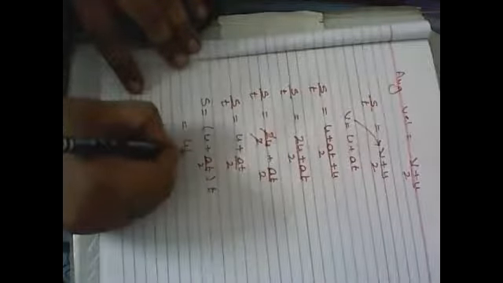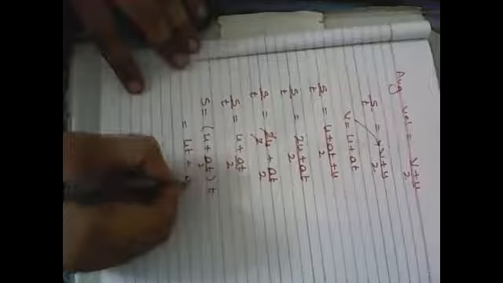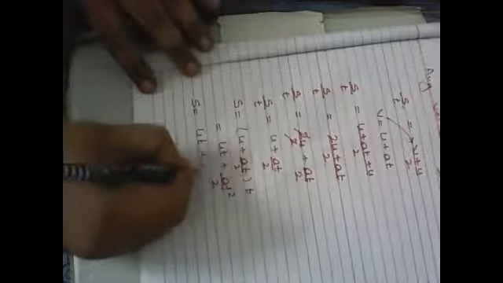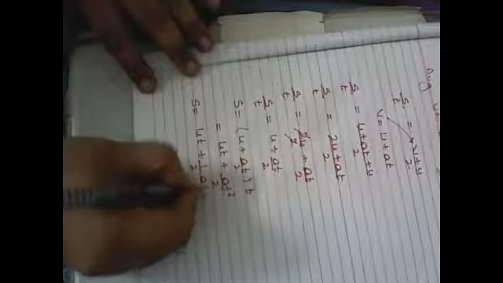So this is UT plus AT square by 2. So the third equation of motion is S is equal to UT plus half AT square. So this is the third equation of motion by using the algebraical method.